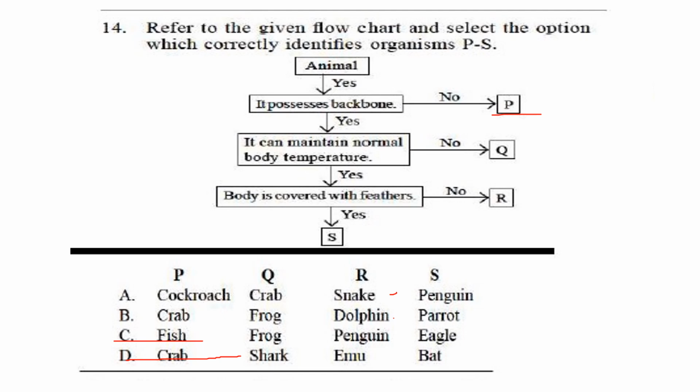So answer is option B because crab does not have backbone. Frog cannot maintain its body temperature. Dolphin does not have feathers and parrot have feathers. So answer is option B.